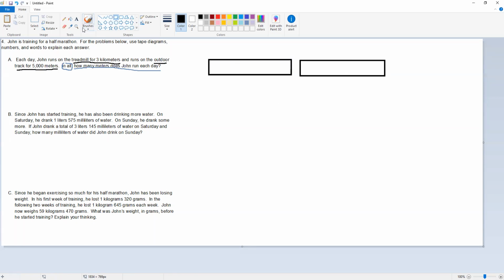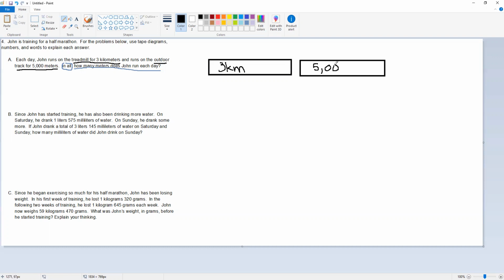Okay, so right now, I know that he runs on the treadmill for 3 kilometers. So I'm going to put 3 km, right? Because I know he does that. And then it says he also runs on an outdoor track for 5,000 meters.